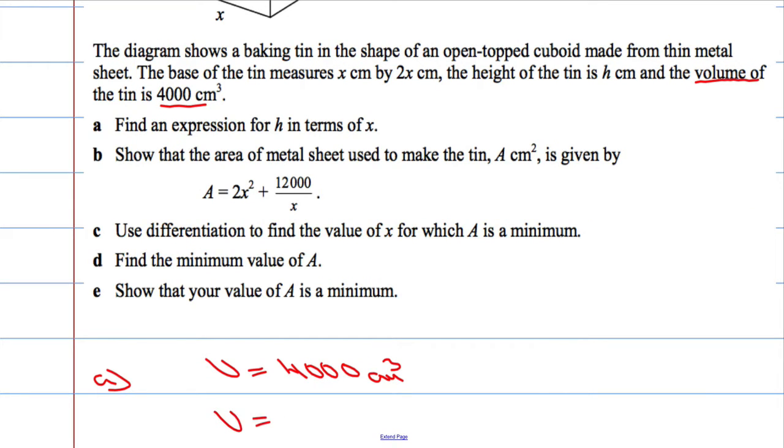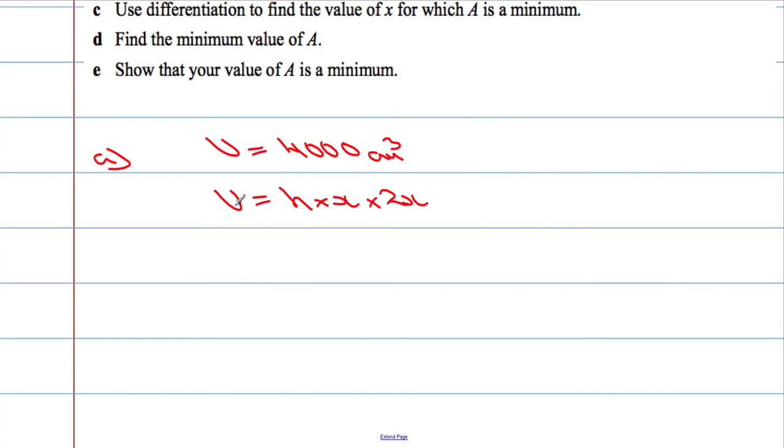So volume equals h times x times 2x. And let's just tidy that up. We get 2h times x squared.